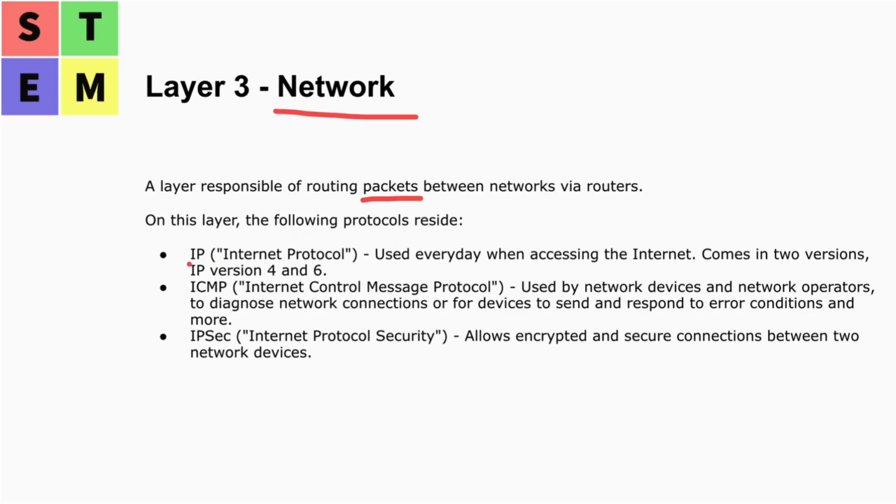The protocols we're talking about here are IP, the Internet Protocol. We have IP version 4 and IP version 6. You all know IP addresses. In other words, when you're visiting an internet page, you type, for example, www.google.com.